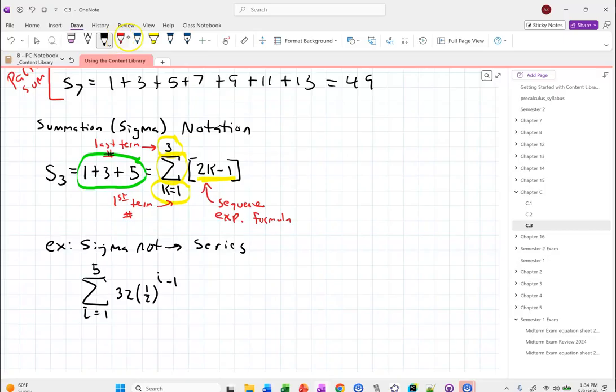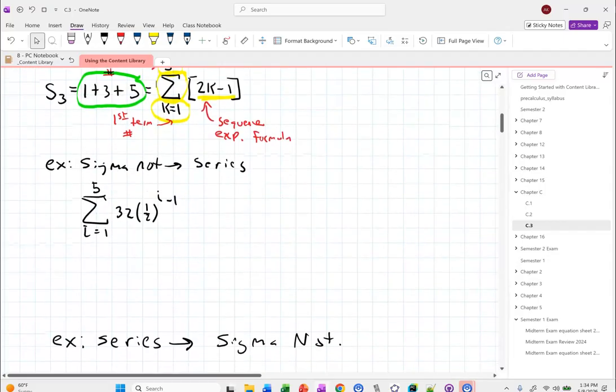So for our next example, I want to work on going from a sigma notation, expanding that out to a series, and then taking a series and compressing that down into a sigma notation. Those would be the next 2 examples.